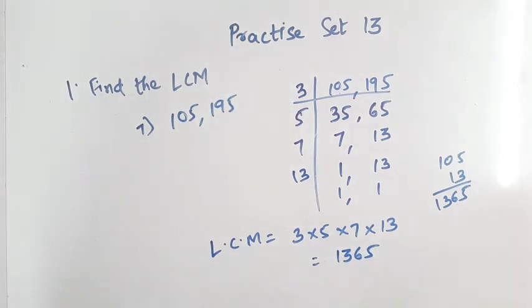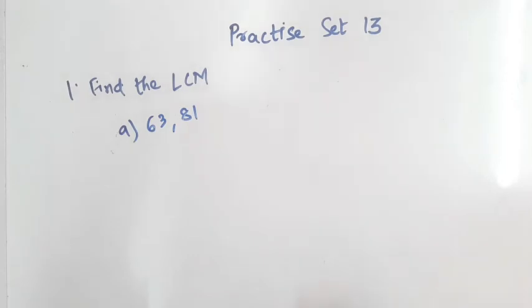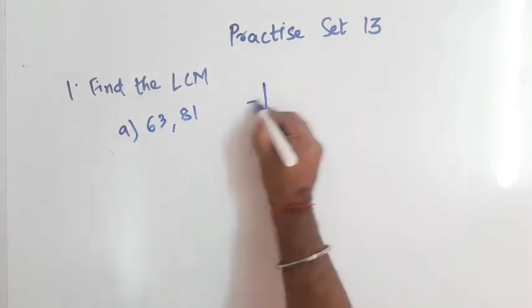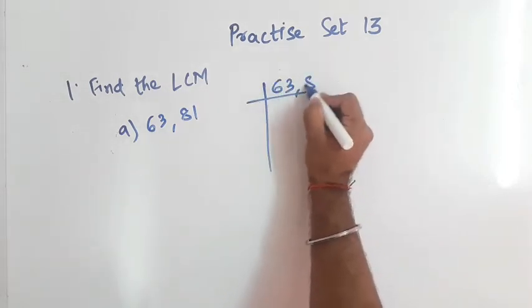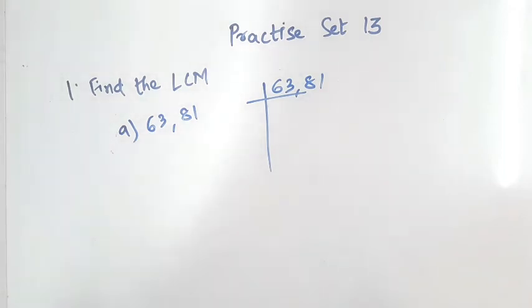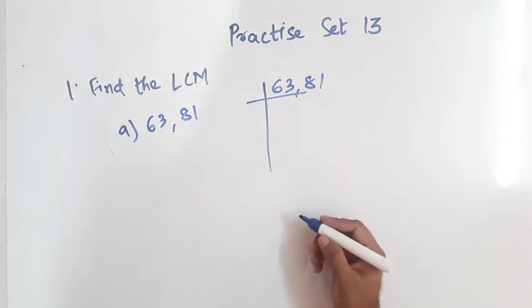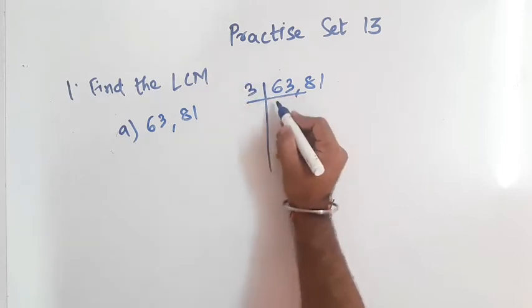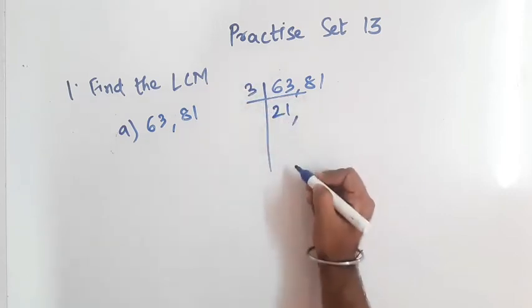Okay. Next. Ninth one says we have to find the LCM of 63 and 81. Not divisible by 2. So divisible by 3. Yes, both are divisible by 3. So 3 2s are 6, 1s are 3.